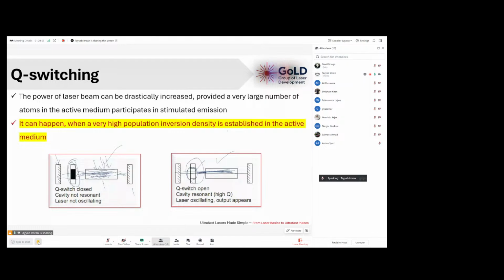So we get a train of pulses after a certain interval of time, depending on the Q switch. These pulses are of equal interval, with huge peak power. But this technique is limited by the timing of the switch, so we cannot have very short laser pulses.